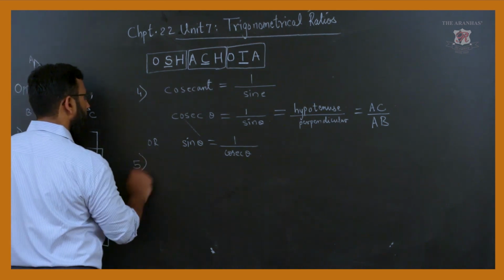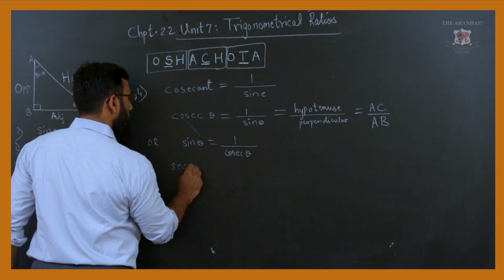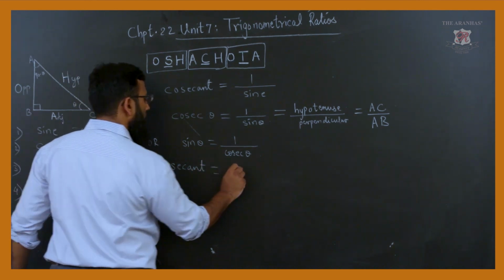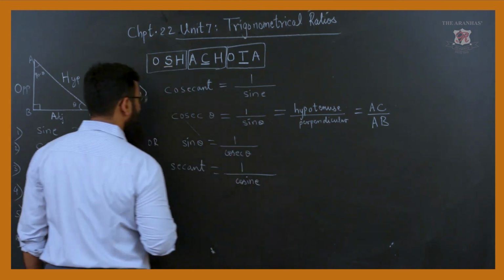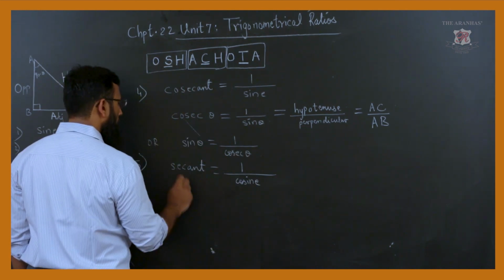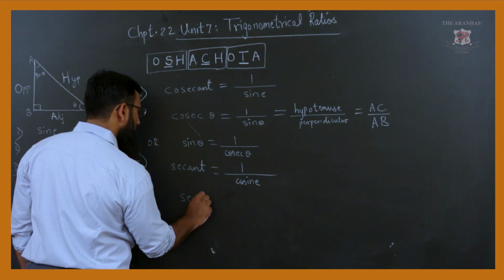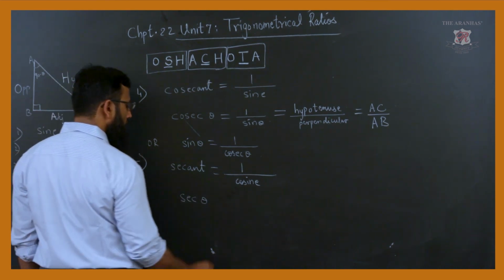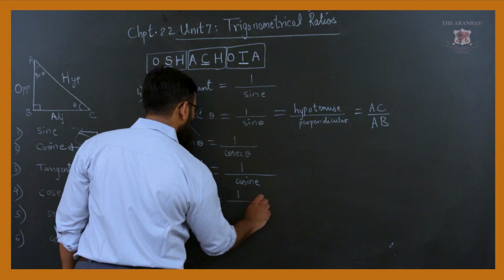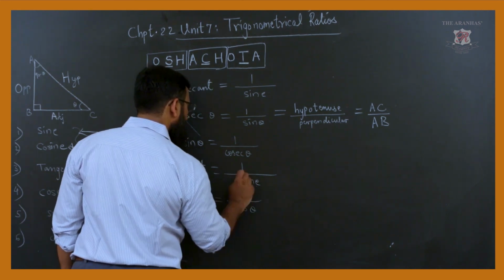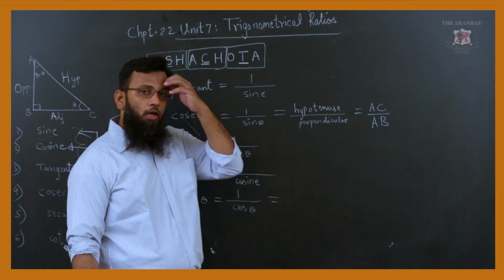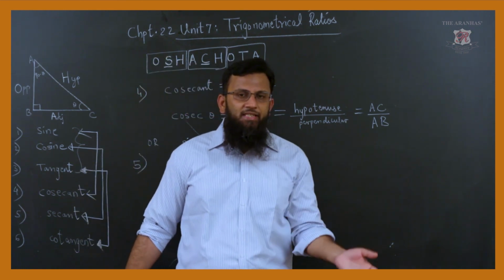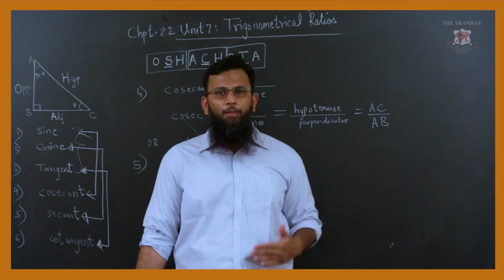Then next one is secant, which is the reciprocal of cosine, also can be written as, for that angle, sec theta is equal to reciprocal of cos theta. Let us see quickly the definition of cos theta. Cos theta was adjacent side upon hypotenuse or base upon hypotenuse.